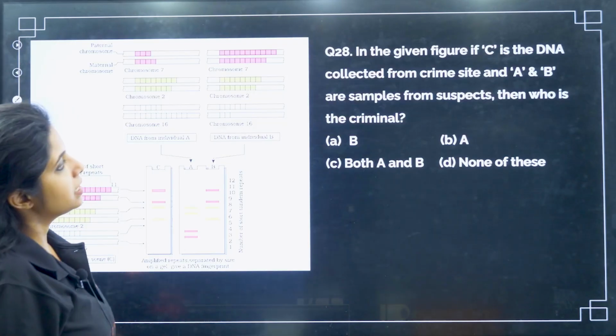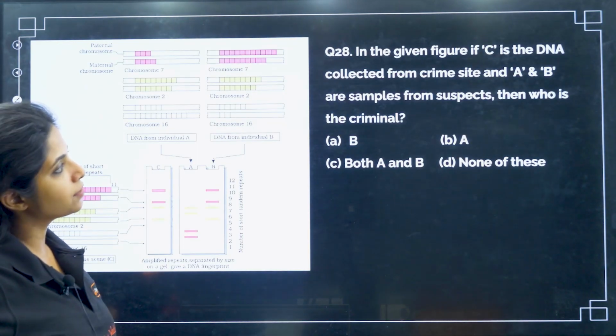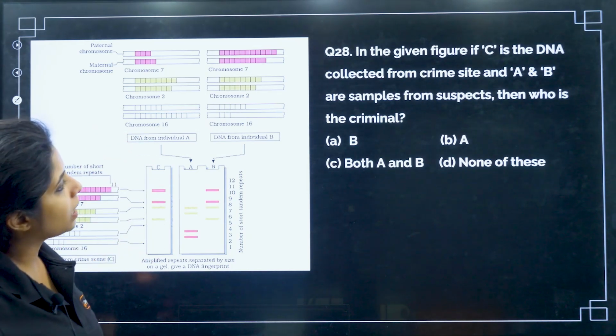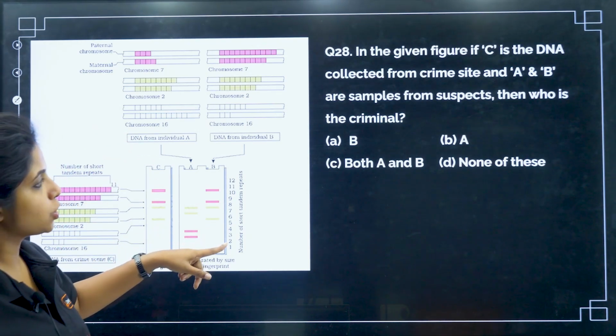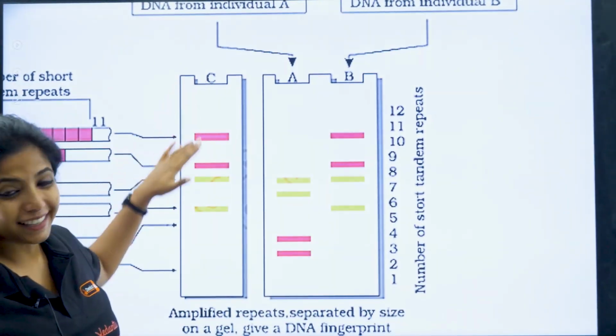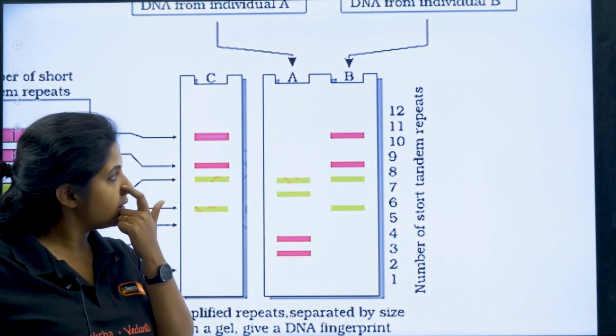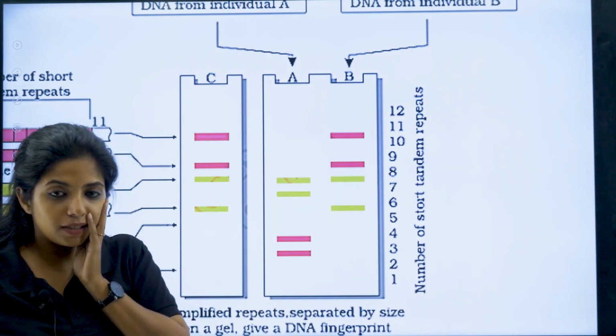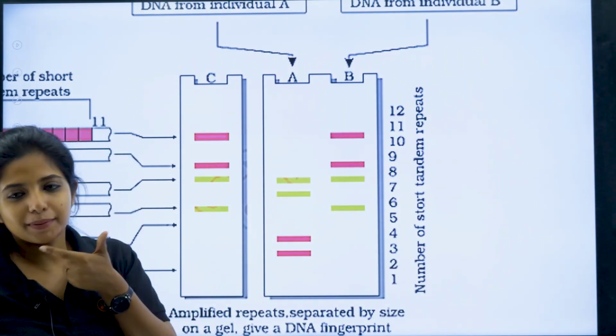Going ahead. In the given figure, if C is the DNA collected from the crime site, and A and B are the samples from suspects, then who is the criminal? Let's see. This is interesting. C is what we got from the crime site, and A and B we also have. Whom do you think would have committed the crime?